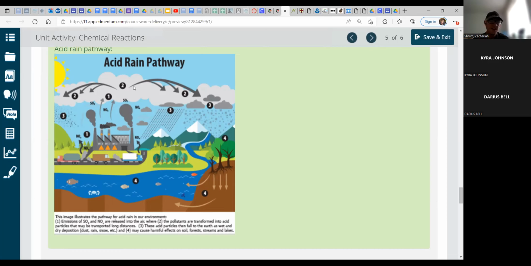And then those acid particles that are in the clouds fall to the earth as wet and dry deposition. So that can be dust, rain, snow. And then after it's falling to the earth, it may cause harmful effects on our soils, our forests, our streams, and lakes.